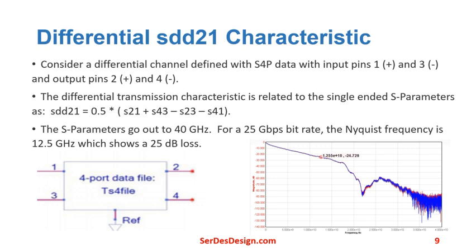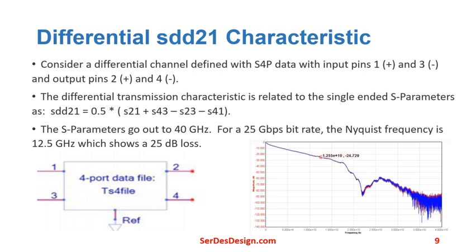The associated differential output ports are typically port 2 for the plus side and port 4 for the minus side. The differential transmission characteristic is related to the single-ended S-parameters as shown here. SDD21 is equal to 1/2 times the sum of S21 plus S43 minus S23 minus S41.